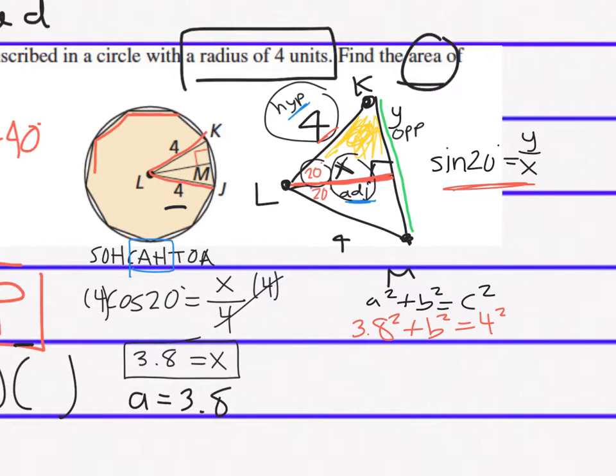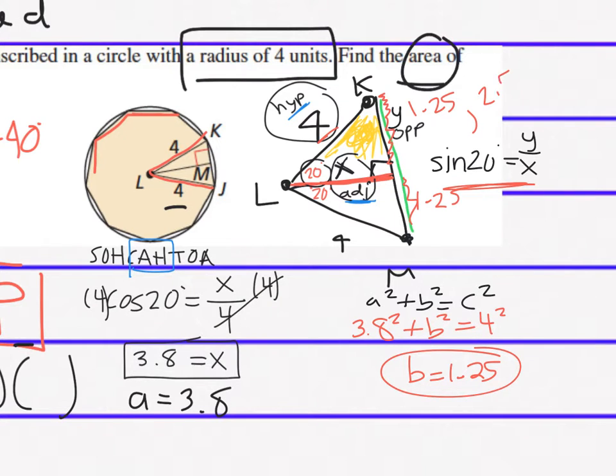When you do that, I am getting 1.25 for my answer. Now remember, since we were just looking at this yellow shaded triangle, that would just be from here to here. So the whole length of the side, we would need to double that. 1.25 and 1.25 would be 2.5.